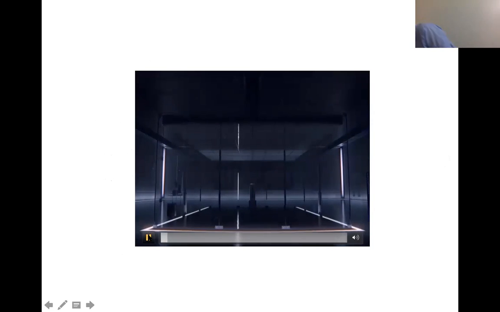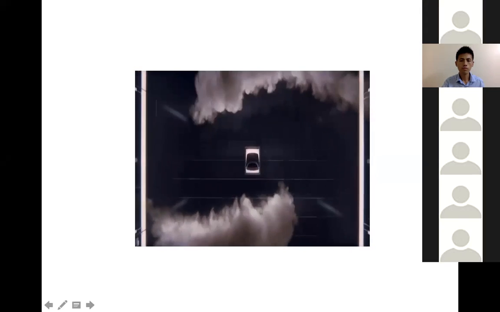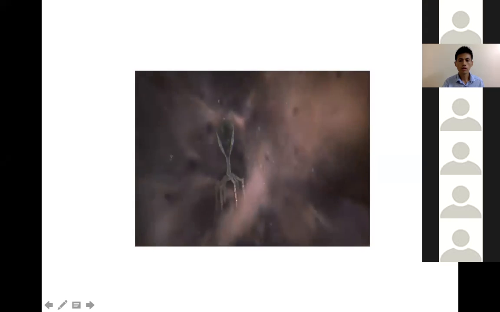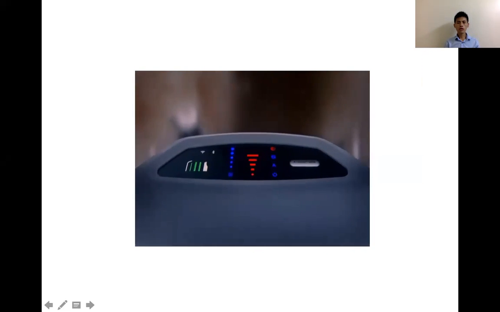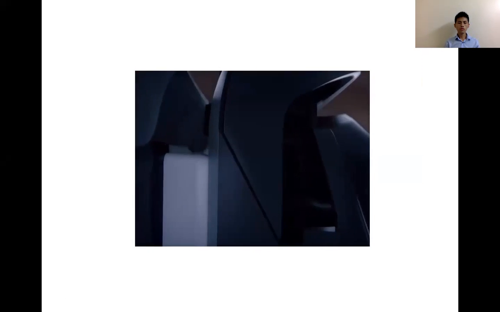Every breath is essential, clean, pure, uncompromising. Even when threatened, invisible impurities invade, colonize, and corrupt our air. If only every breath could be protected. Now, it can be.